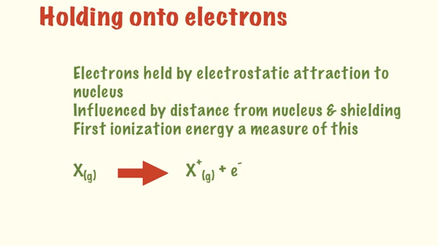The equation I've shown here is for the element X. It doesn't matter whether X is a metal or a non-metal, the same rules apply. So we're going to change the X atom into the X1+ ion and release one electron. Notice that we have the subscript g, so we're saying that all these things are occurring in the gaseous phase, and that becomes important.